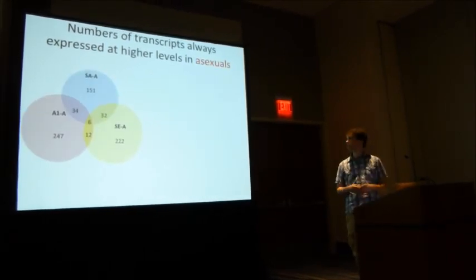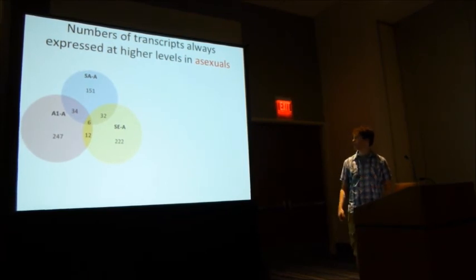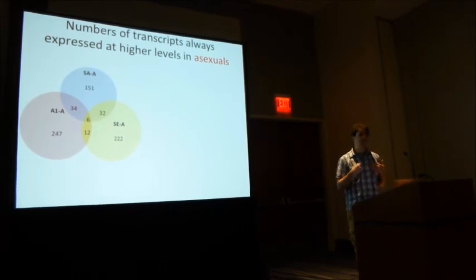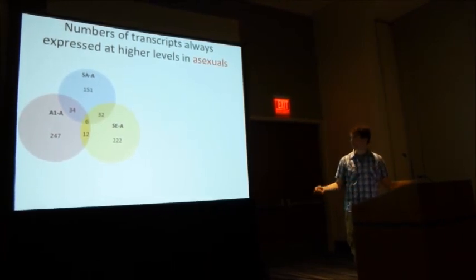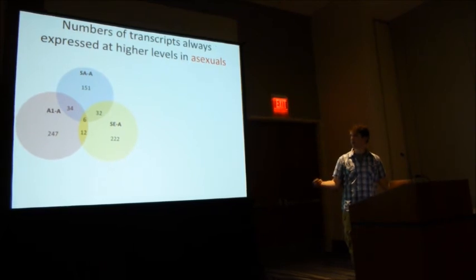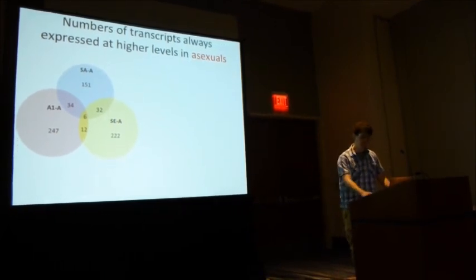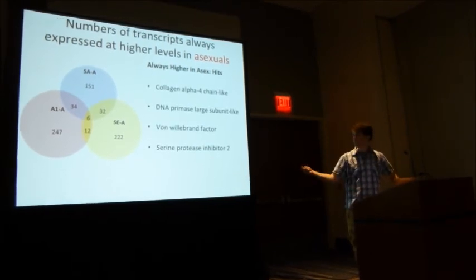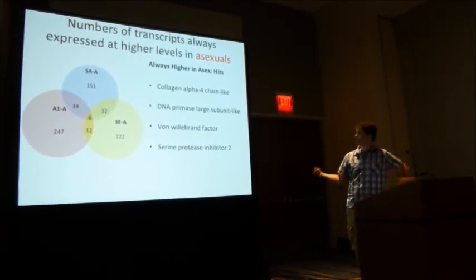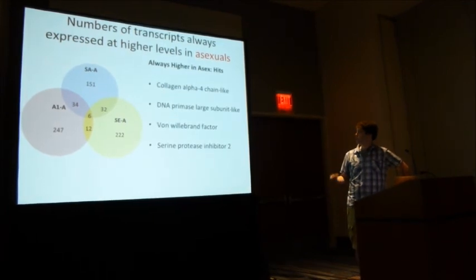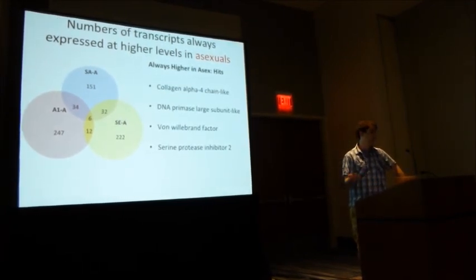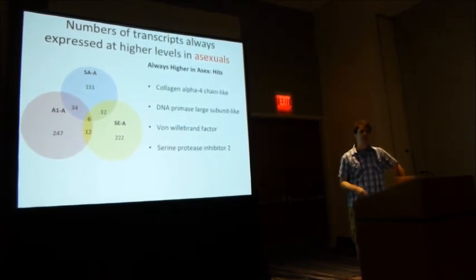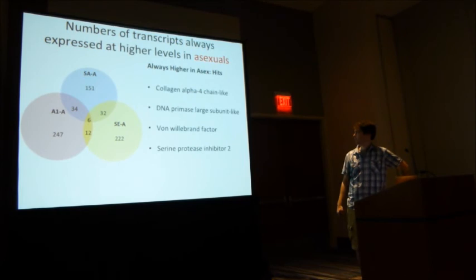Now, if we look at these same types of sets from the asexuals, in each of these cases, they were expressed higher in the asexuals. So here, these 247 were always expressed higher in the Alexandrina asexual lineage. And again, we looked at those 6 that were shared every time, that were expressed higher every time, and 2 of them didn't return any BLAST hits. When working with non-model organisms, you tend to find a lot of transcripts that don't BLAST to anything.